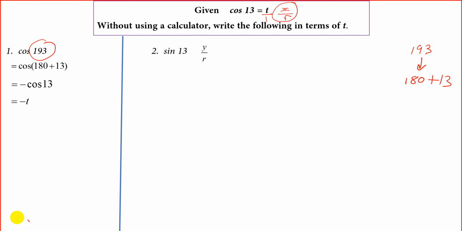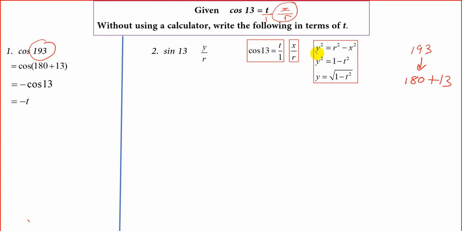So we're going to use Pythagoras to find y. We know cos 13 is t over 1, that's x over r. The formula is x squared plus y squared equals r squared, but we're going to use y squared equals r squared minus x squared, since we are finding y and not the radius.